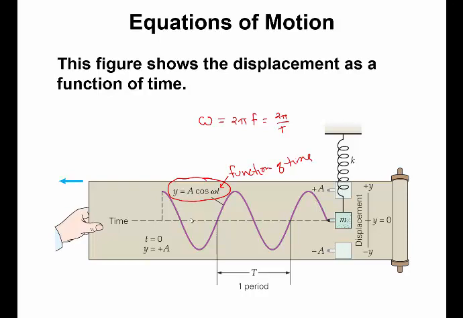We can tell that because as time progresses, y changes. Sometimes y is 0. Sometimes y is A. Sometimes y is minus A. But we can calculate y at any point by using this representation of the motion of our oscillating spring.